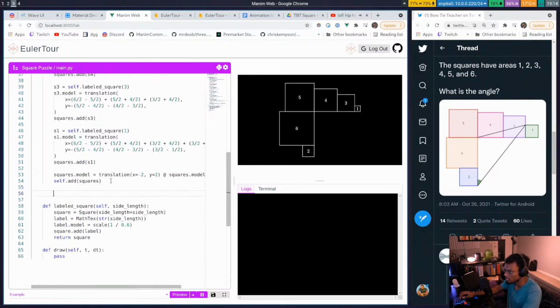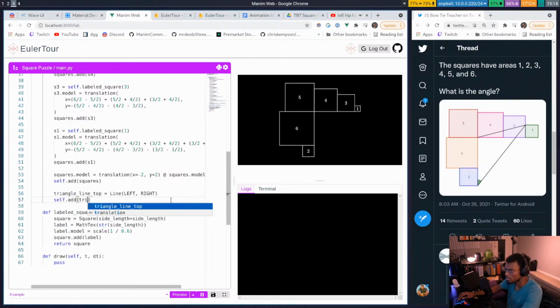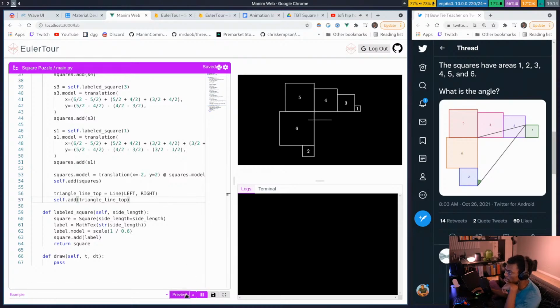I'll just add in the triangle lines separately. Triangle line top or something? I'll just have a line. I'll just put this left and right. Now add that in. Great.